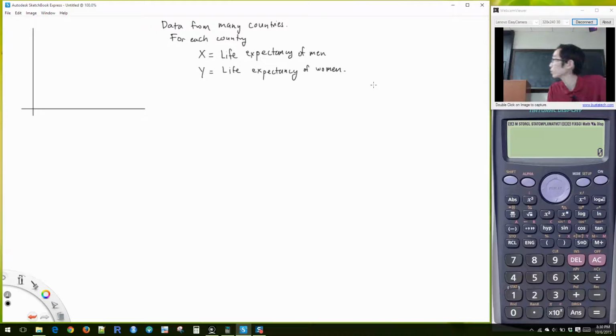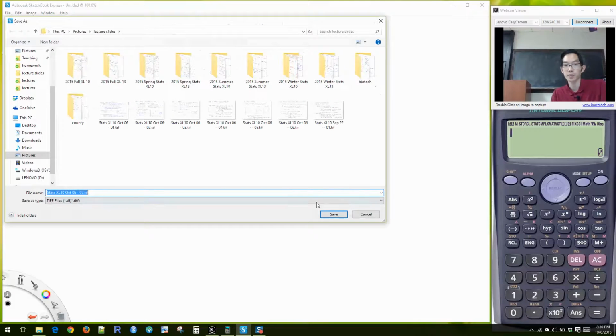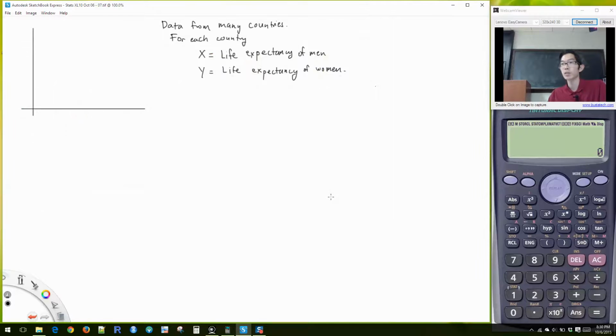Okay. So what kind of relationship are we going to see here? If you look at the United States, the life expectancy for men is probably like 78 years or something like that, and for women it's maybe like 80 years or something. I don't know. It's something around there, okay? I could be wrong, and I apologize if I am.